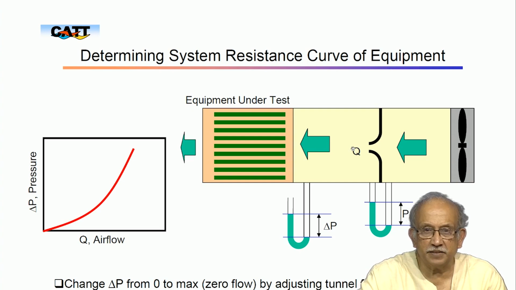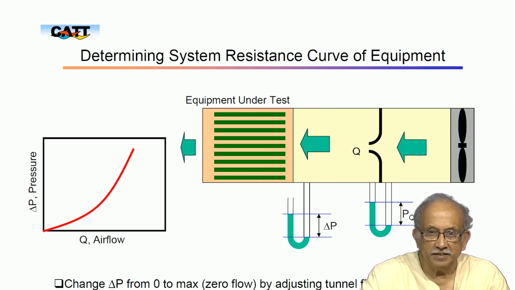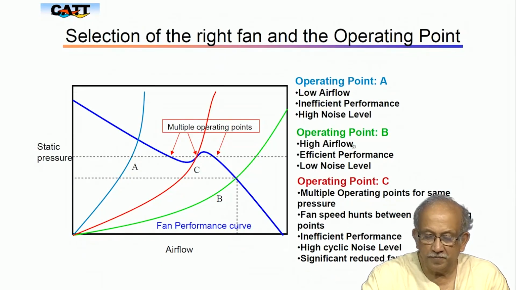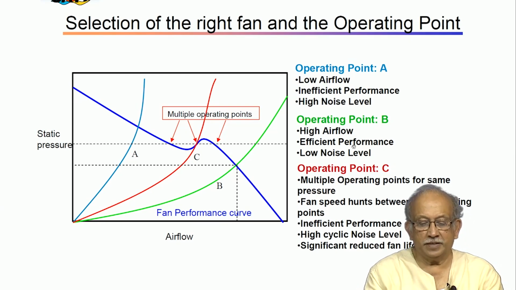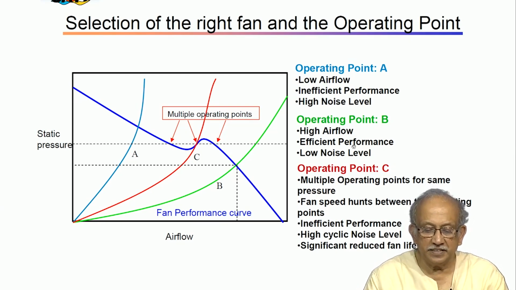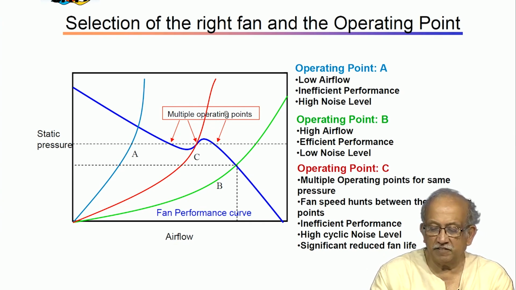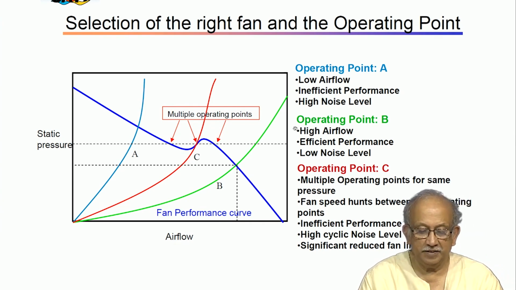Now, we have a system pressure curve, and we expect that if you superimpose one over the other, it is possible for us to find out which of the fans will work.